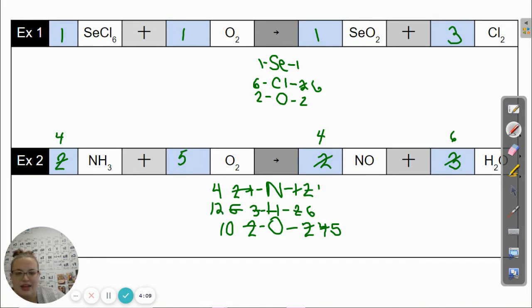So I have 4N, I have 4 plus 6 makes 10O, and I have 6 times 2, which gives me 12H. Not all of them will be this complicated. This one just happened to be more complicated. So my final answer on this one is going to be 4, 5, 4, 6.